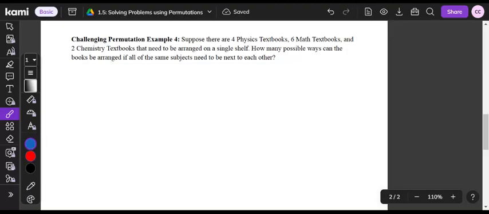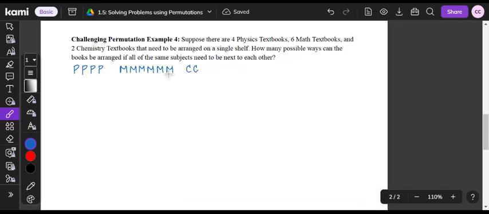First of all, we know that all the physics textbooks need to be together. We know that all the math textbooks need to be together, so there's 6 of those. And we know that the 2 chemistry textbooks need to be together. So this is one way we could arrange our shelf. What I want you to think about is 2 things.